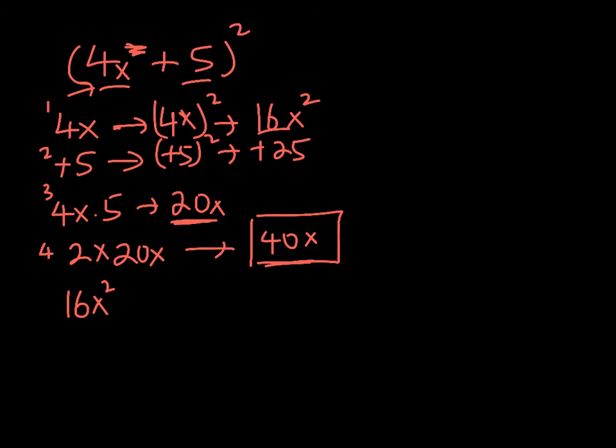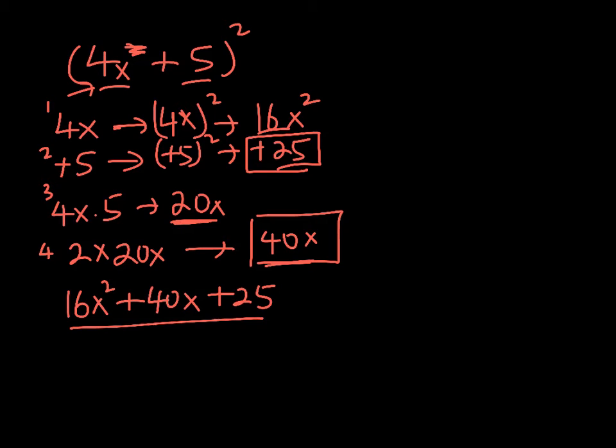It has a positive sign, so it's going to be plus 40x. And then you use the square of the second term as your last term, plus 25. So this is a short way of arriving at the expanded form of a perfect square.